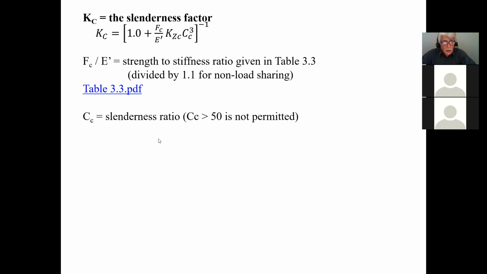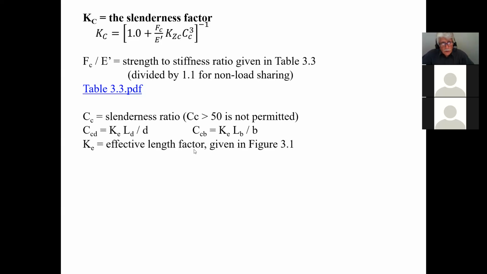In an exterior wall, you're most likely going to be nailing your sheeting to the built-up column. So your B is completely laterally supported, and therefore it's usually the D that will govern. That's in a wall.